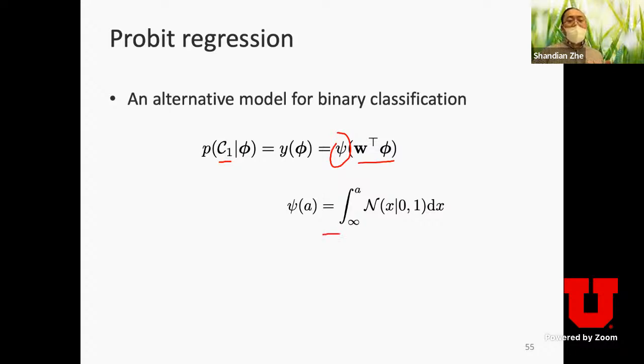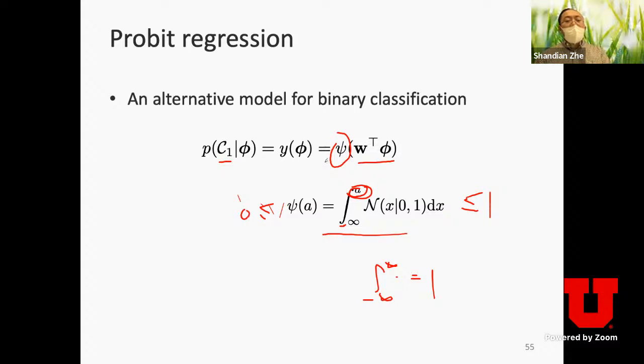So the standard Gaussian CDF is just the integral, right? The integral from negative infinity to a particular number A. So in the CDF function, we know that it will be 1 if we integrate from negative infinity to positive infinity, right? So if you have a finite upper bound in the integral, it will always be less than or equal to 1, right? And also it is always no less than 0, right?